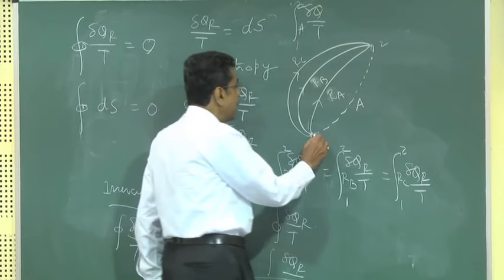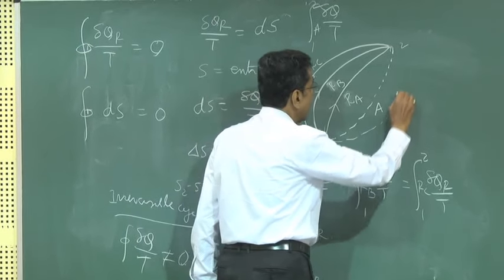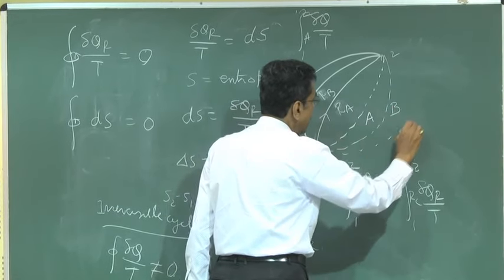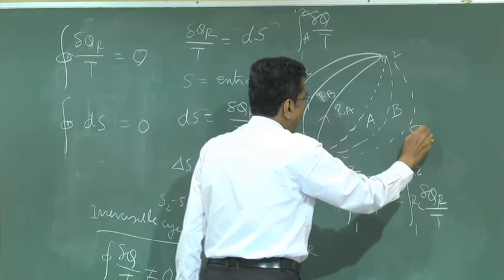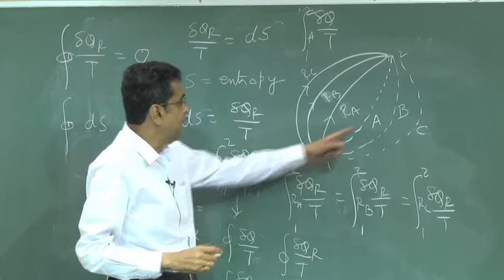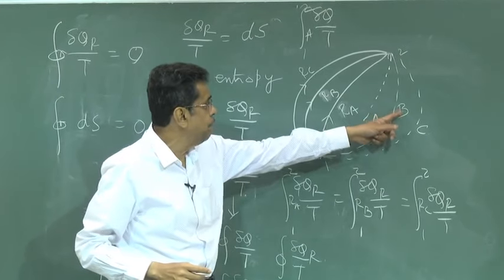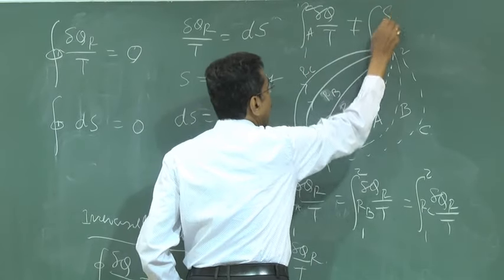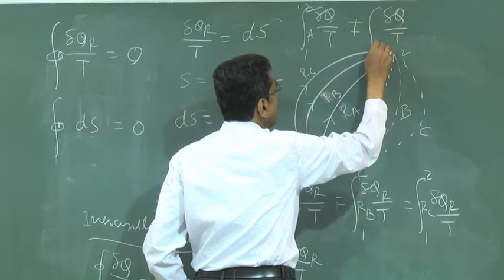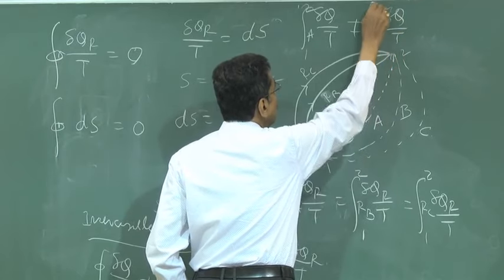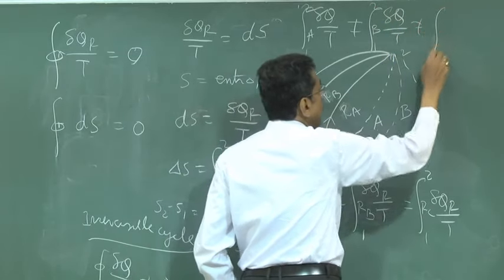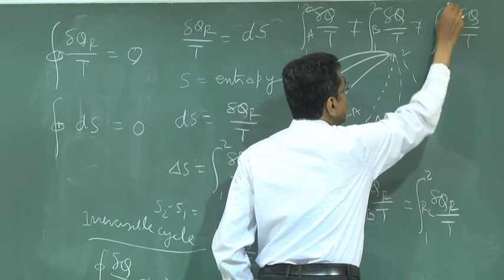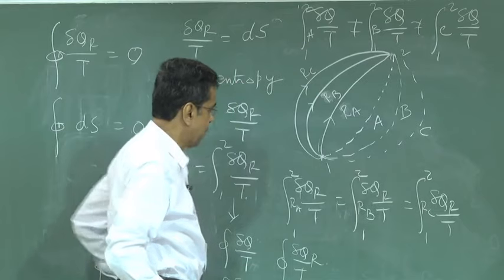Now I write this so you can understand better. This is process B. If we have a number of irreversible paths, del q by T for each path A, B, C are not equal. That means the integral of del q by T along 1A2 is not equal to that along 1B2, not equal to that along 1C2. They are not point functions.